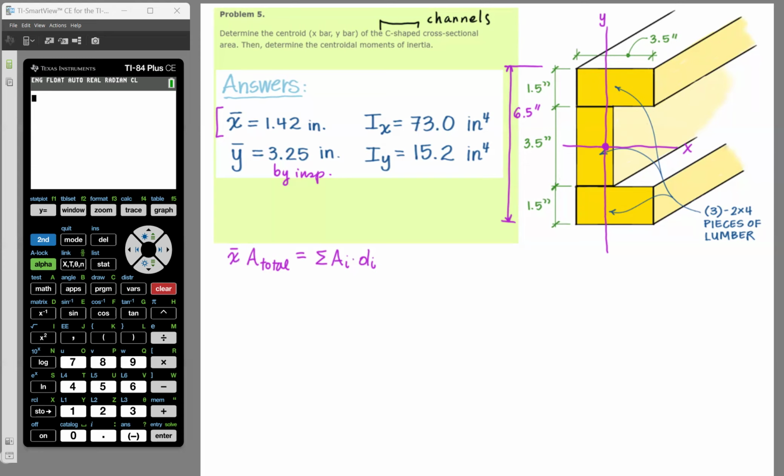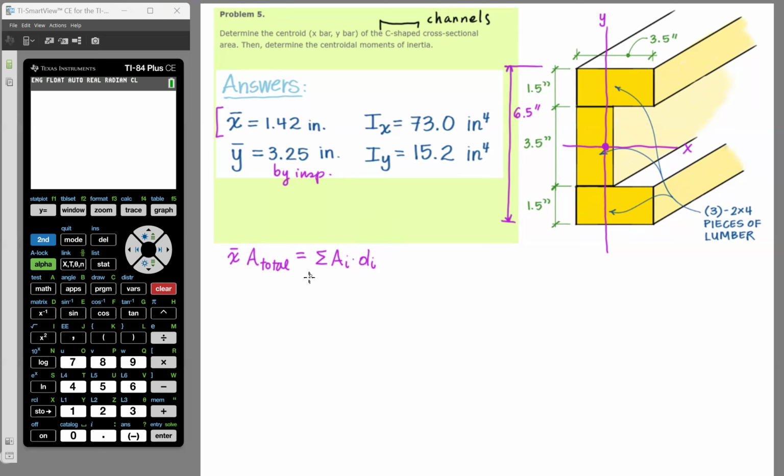If I'm doing an X bar calculation, that means I'm measuring in the Y direction. No, that's not true at all. I'm doing an X bar calculation, so I'm measuring in the X direction. If you wanted to put that as X sub i, that is okay as well.